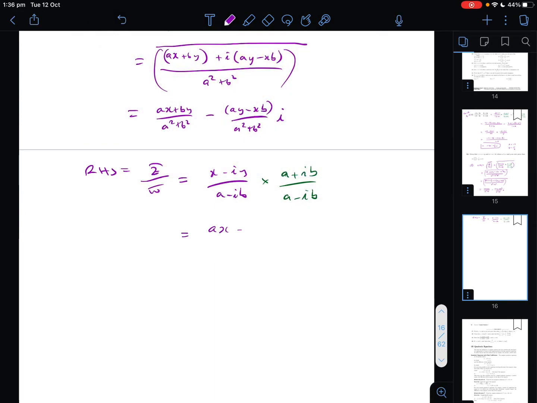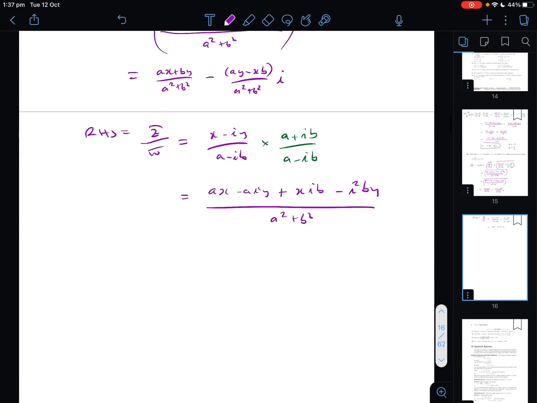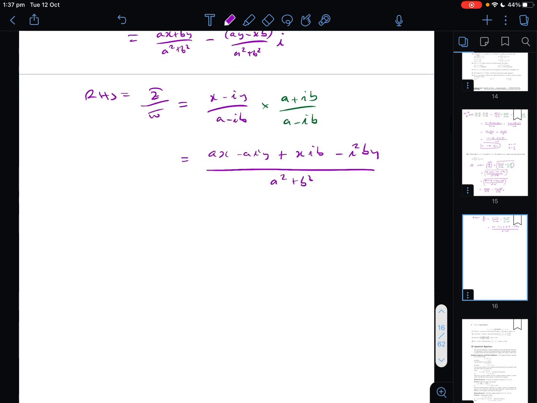So that's what? ax minus aiy plus xib minus i squared by, all over a squared plus b squared, minus i squared b squared is plus b squared.